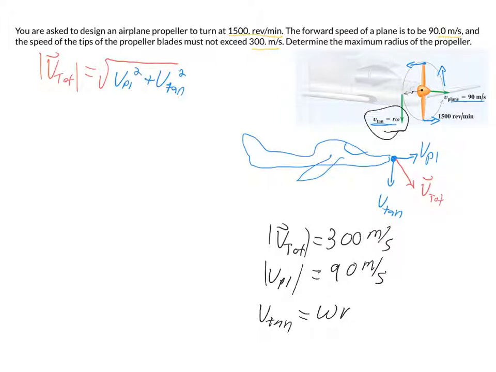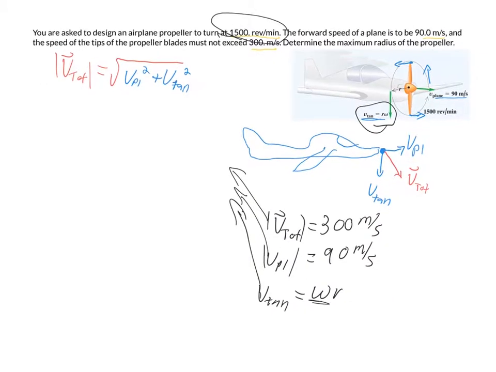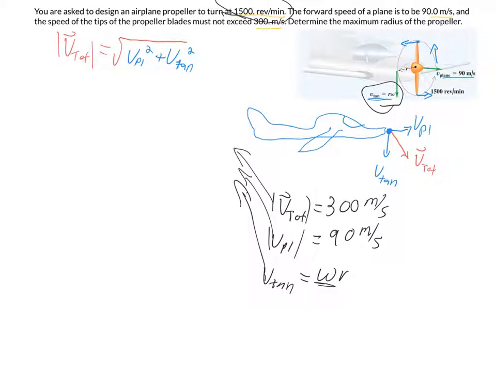So with that in mind, we should be able to substitute all these numbers into our equation and solve for r, except what is omega? Well, we're told right here, omega is 1,500 revolutions per minute, but we need radians per second in order to continue. So we can do a unit conversion to convert this into radians per second.